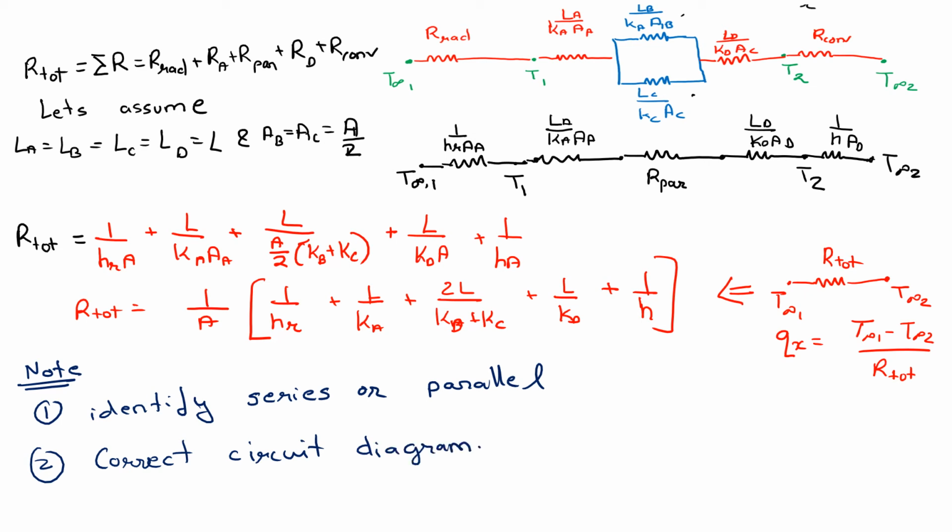Please go through this video properly. I have solved this problem using generalized notations, as in K's, L's, and A's. But if you get a numerical problem, you will be given the values for the thermal properties or the dimensions of the composite blocks. You should be able to use them properly and get a value for the heat transfer rate.